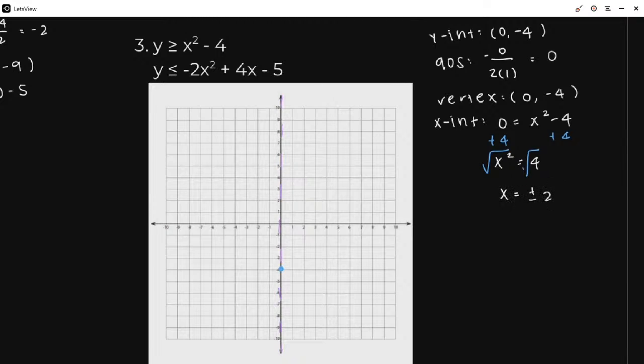So those are our x-intercepts. So they look like that, and since y is greater than or equal to, that means it's going to be a solid line. And we would shade inside. So it would look something like this.